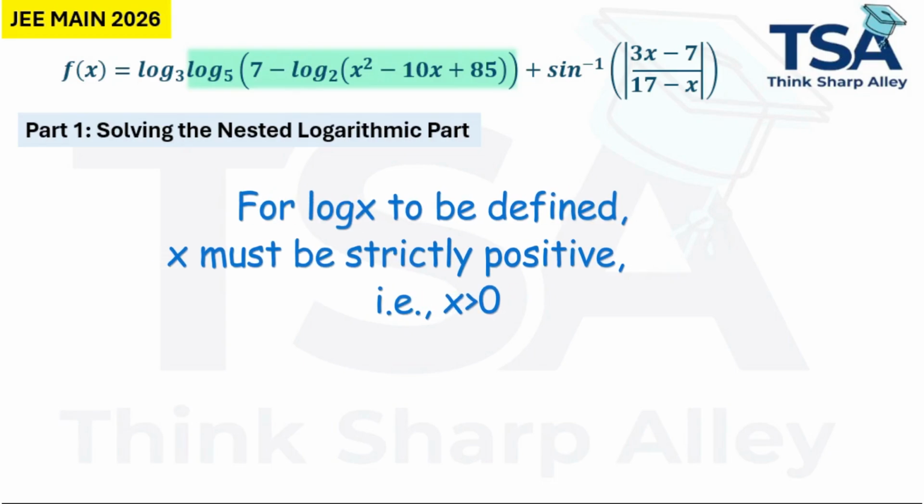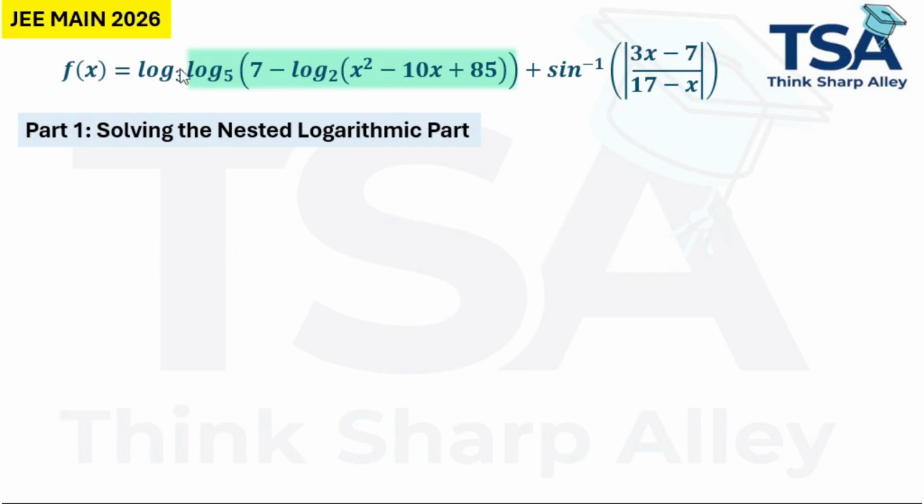Now for a nested log function to be defined, for example, for log x to be defined, the argument inside the log, that is x, must be strictly positive. Log base 3 will be defined if the argument, that is highlighted in green color, must be strictly positive.